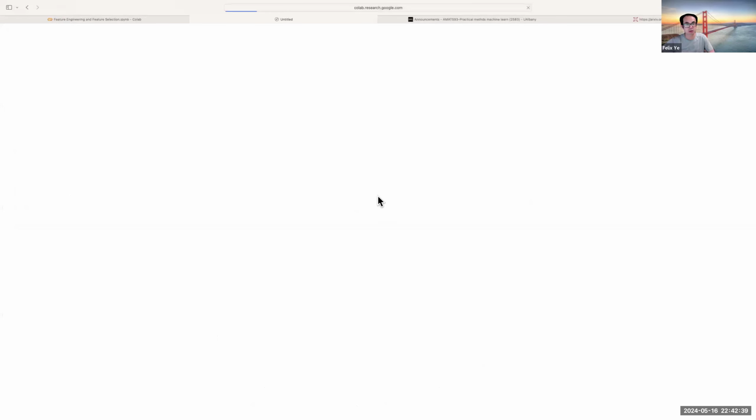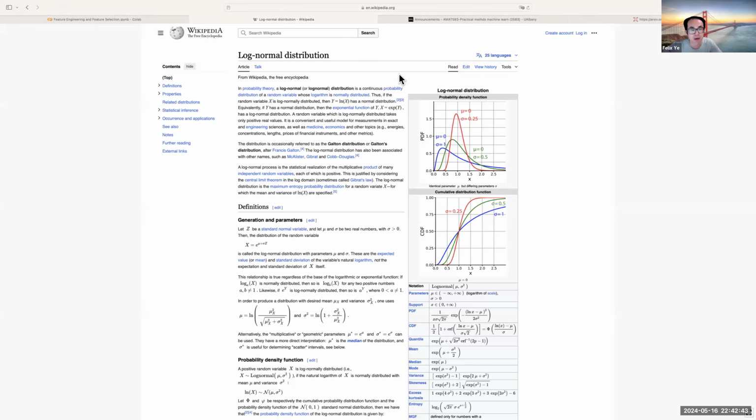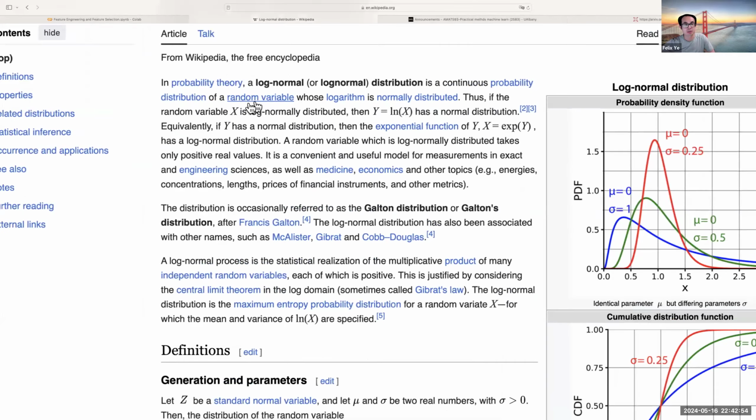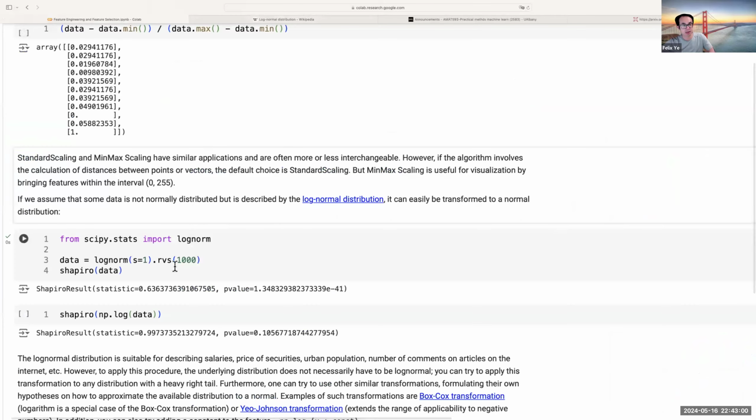Okay, let's see, I forgot what log normal is. Okay, sorry. The log normal is a random variable whose logarithm is normally distributed.